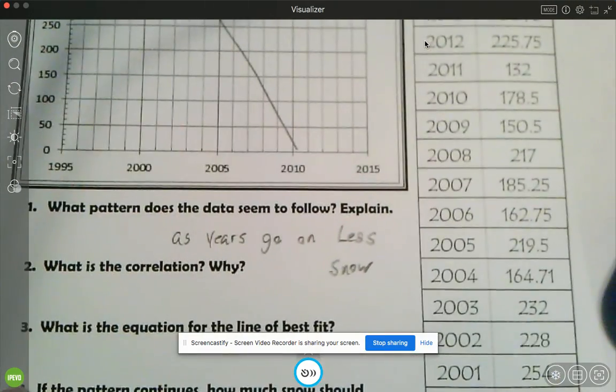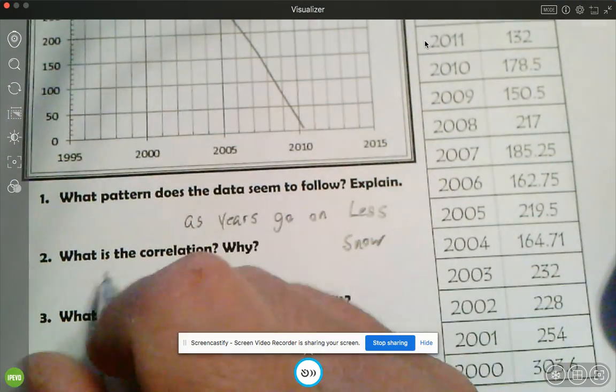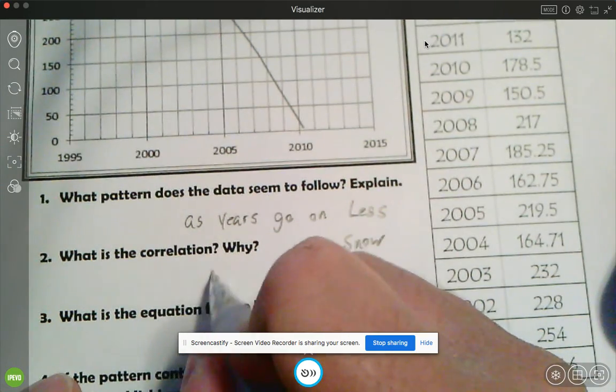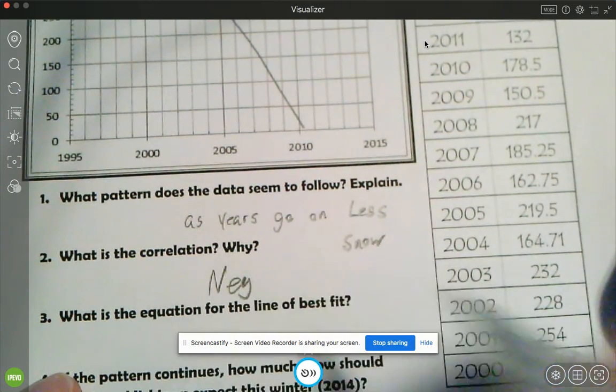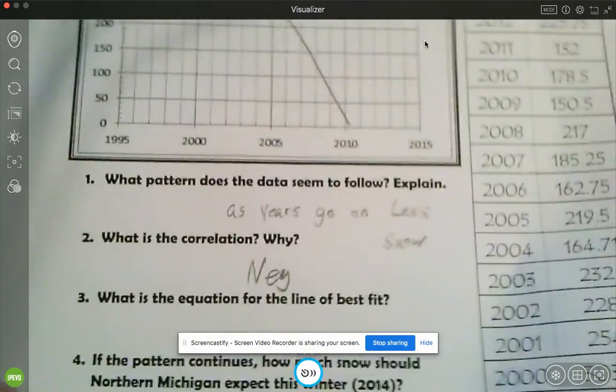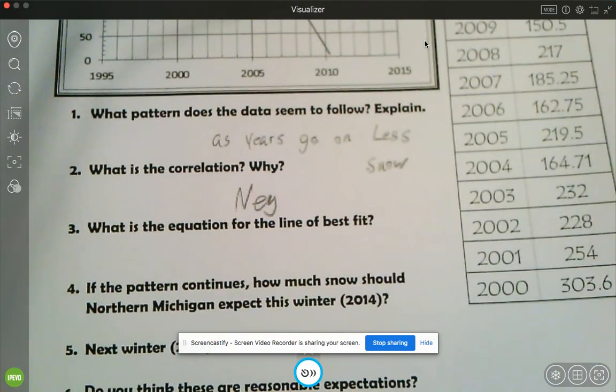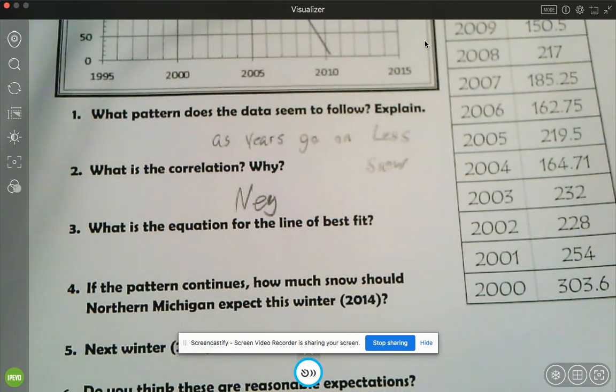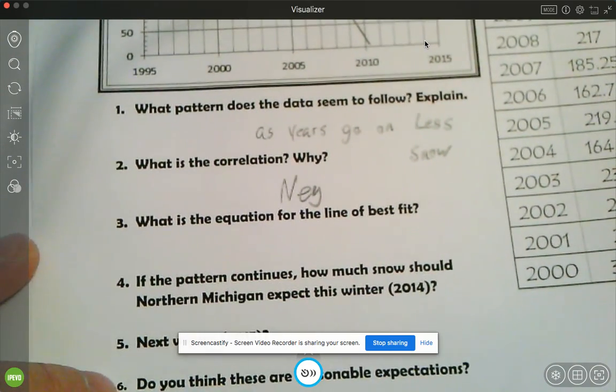That's what I would say. And so, what is the correlation? I would say it's a negative correlation, right? I think that's true for us here in Seekonk in Massachusetts and Rhode Island. Especially last year, we got like no snow, or this year, and the year before. So I think if we did this data for Massachusetts, maybe you would see the same trend, and we could be doing that sometime soon too.